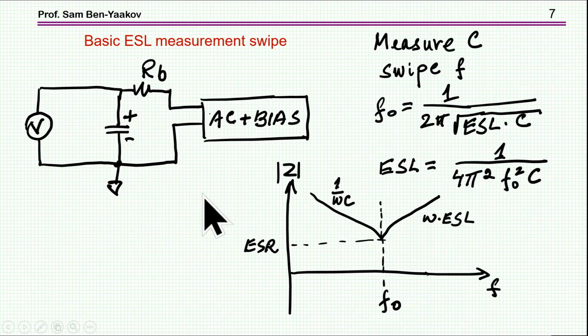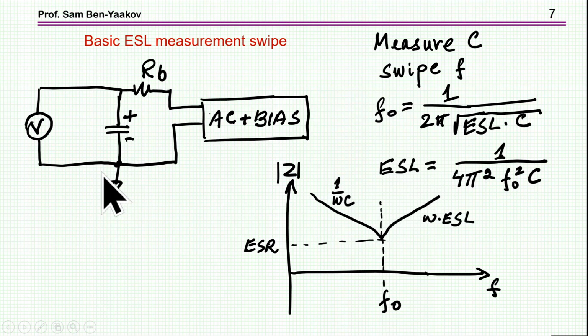So how is the ESL measured? The most popular way to do this is by looking at the resonance. At the resonance, we know that the resonant frequency is 1 over 2 pi square root of ESL times C. If we know C, we measure it, and then we sweep the frequency. Then at the resonant point, which is f sub 0, this will be the minimum impedance, and then the resonant frequency plugged into this equation that comes from here, we can find what is the ESL.